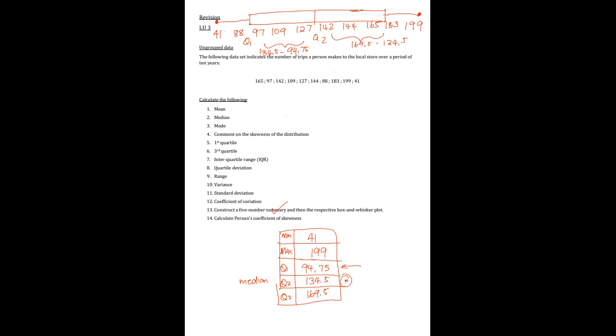So here, you can work out the difference between them. I will work out the difference for you. So 134.5 minus 94.75. That's 39.75 as the difference between these two.